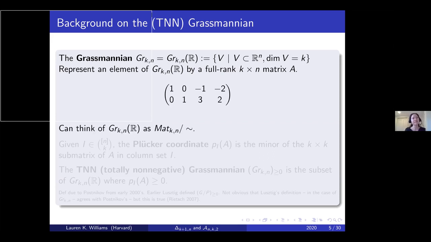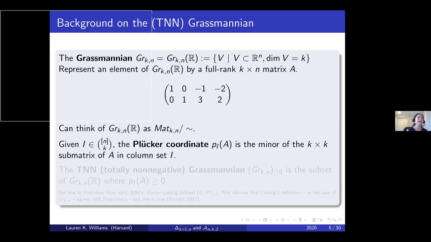And then we can think of this Grassmannian as matrices modulo the equivalence that if two matrices span the same subspace, we consider them to be the same. And now if I is a k-element subset of the numbers 1 through n, then the Plücker coordinate p_I(A), here A is my matrix, this is the minor, is the determinant of the k by k submatrix of A located in the column set I.